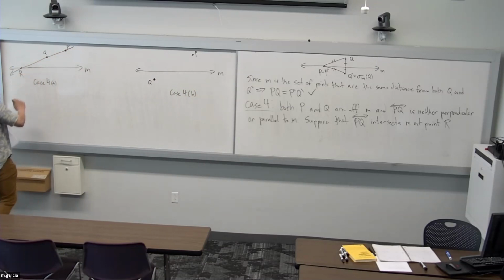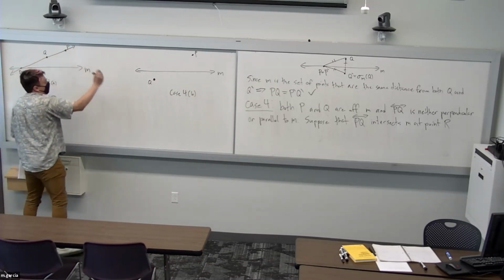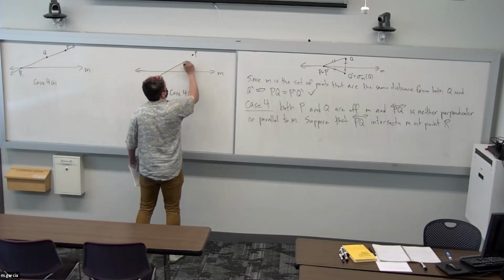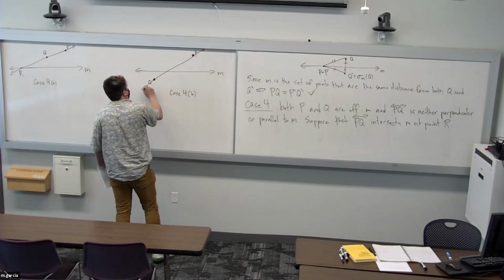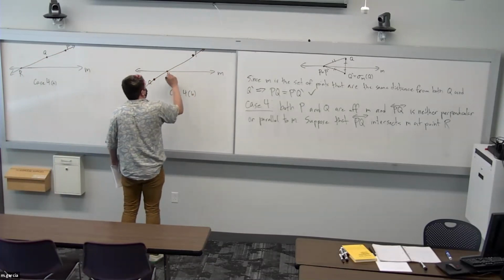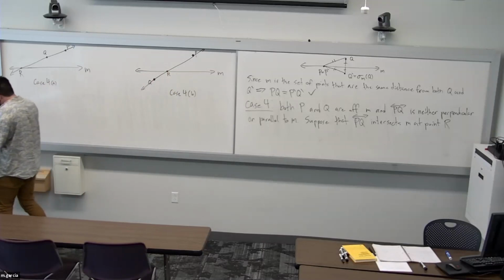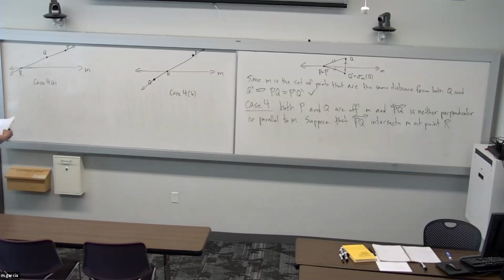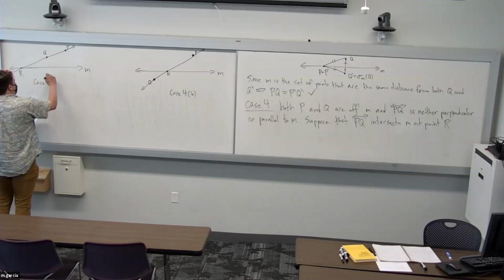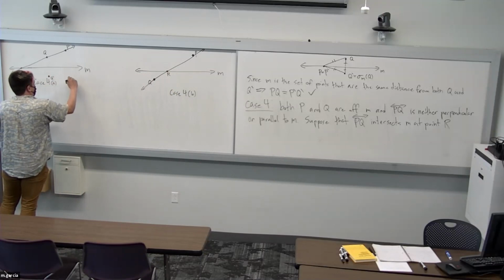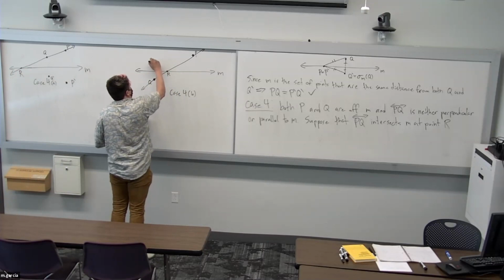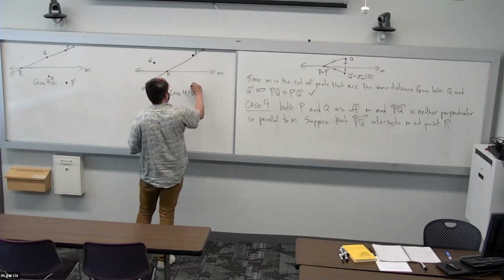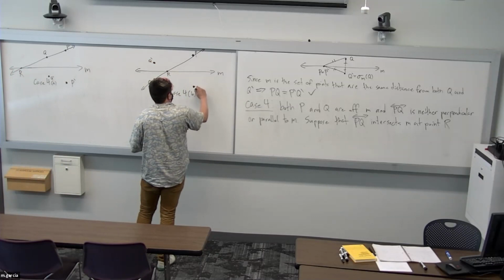Here's my intersection with M. And likewise, here's my intersection with line M here. Okay, so let's just draw our Q prime and P prime. And on this side I get Q prime here and P prime down here.